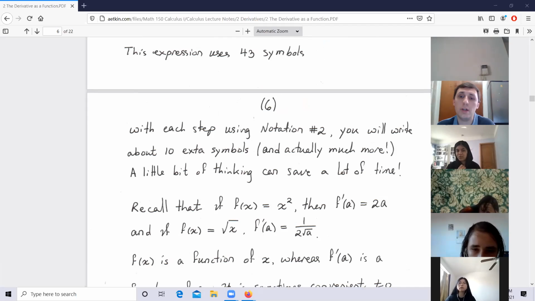You are much slower and more likely to make mistakes. Sometimes we will see situations where notation 2 is better. But my advice for any algebraic function, that is for any function we have considered up to this moment, is that notation 1 is better than notation 2 if you have to think about the derivative.